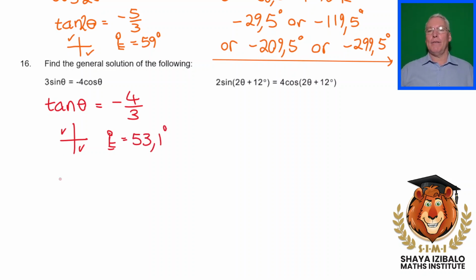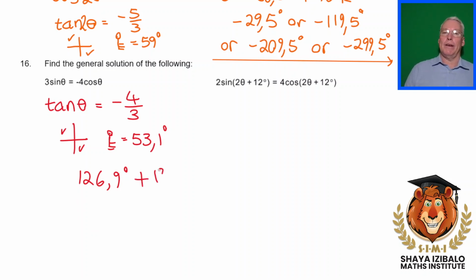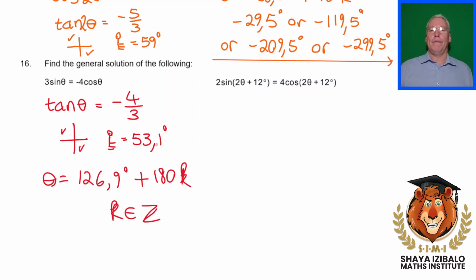Now, 180 minus 53,1 is going to be 126,9 degrees. Because it's tan, we can go plus 180k. And there is our answer. Theta is that. And don't forget, we must say k is an element of Z.